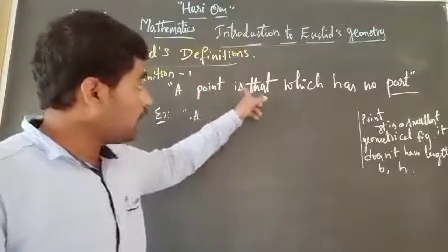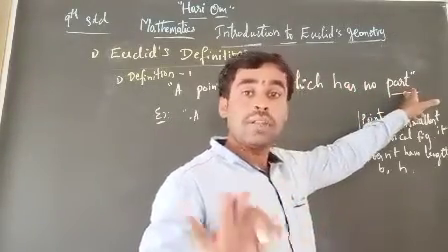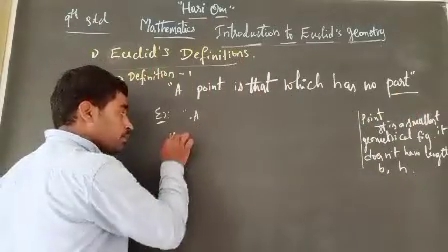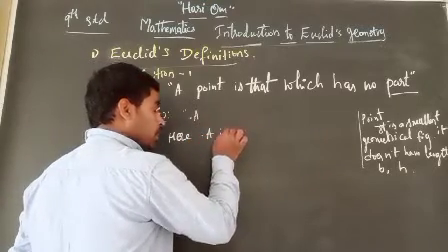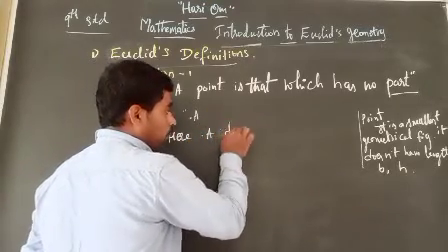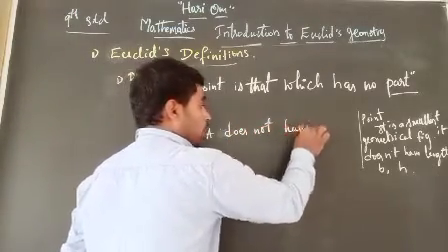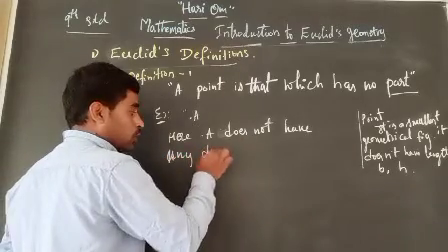A point is that which has no part. No part means no length, no breadth, no height. Here, point A does not have any direction.